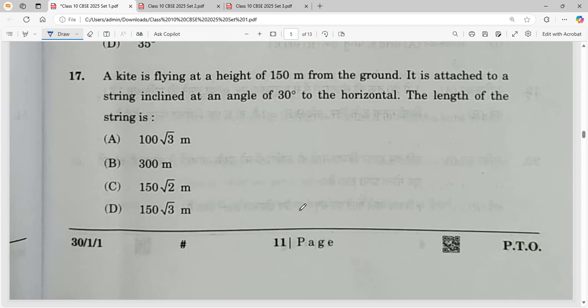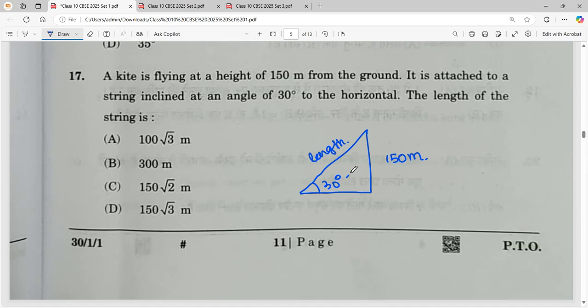A kite is flying at a height of 150 meters above the ground. It is attached to a string which is inclined at an angle of 30 degrees to the horizontal. The length of the string is asked. So we need to find the length of the string, which forms the hypotenuse.